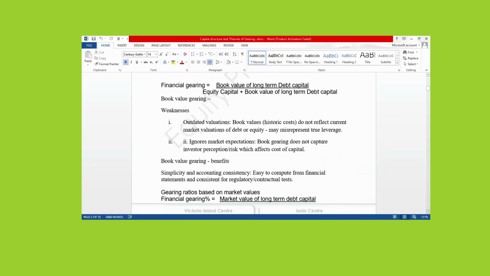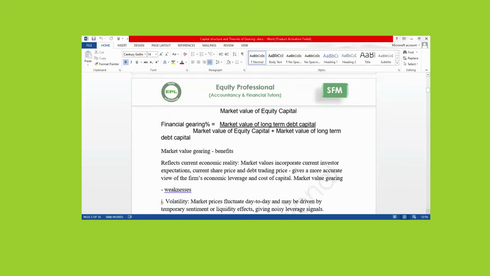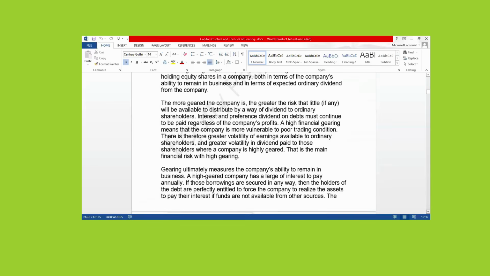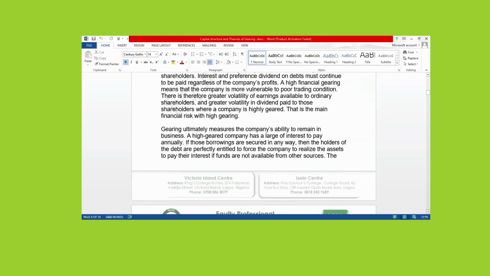We now look at theories of capital structure. What are these theories? We have the traditional theory of capital structure. And we have the Modigliani and Miller theory.